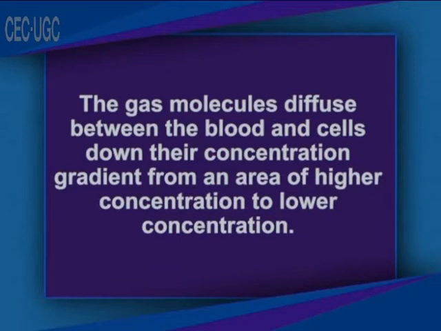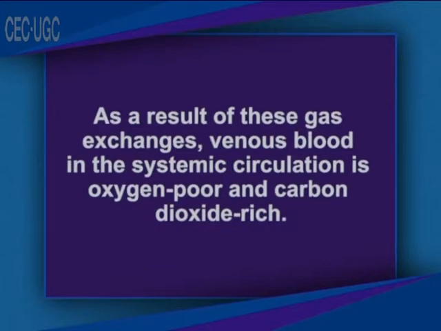The gas molecules diffuse between the blood and cells down their concentration gradient, from an area of higher concentration to the lower concentration. As a result of these gas exchanges, venous blood in the systemic circulation is oxygen poor and carbon dioxide rich.